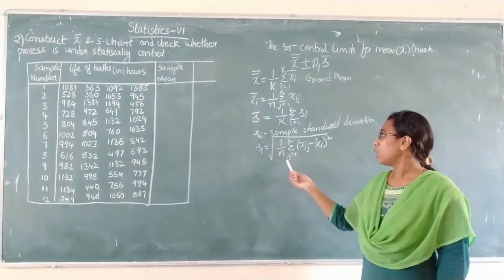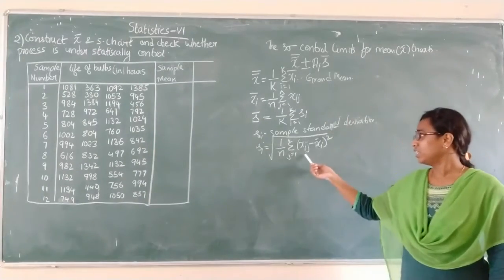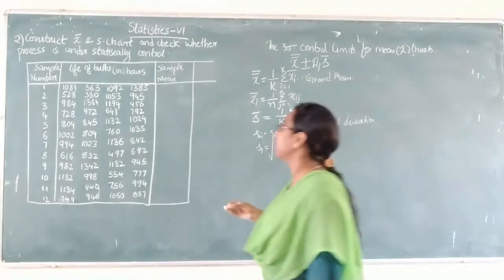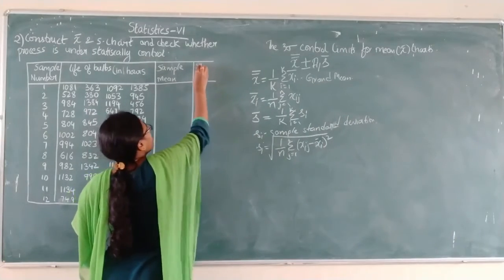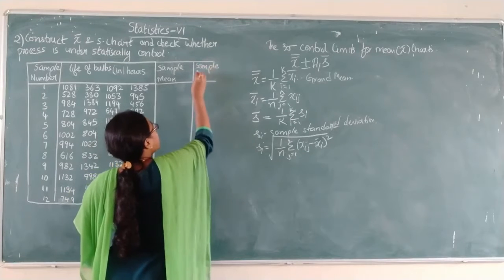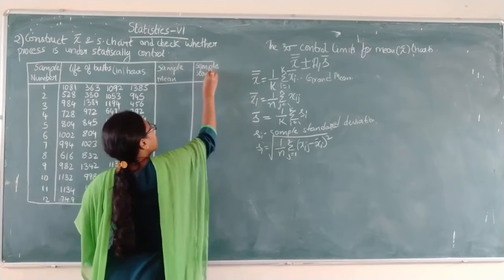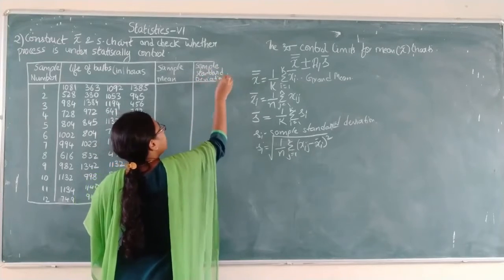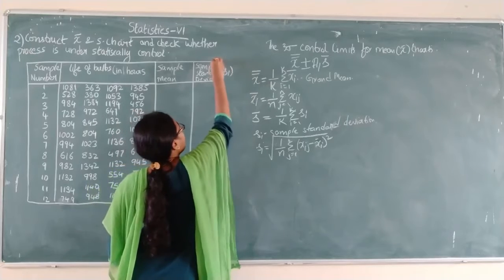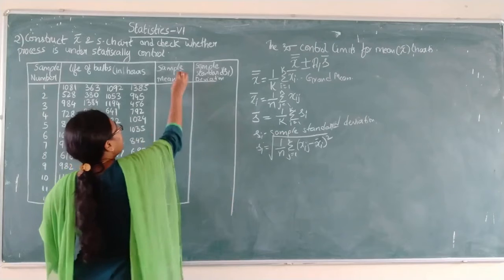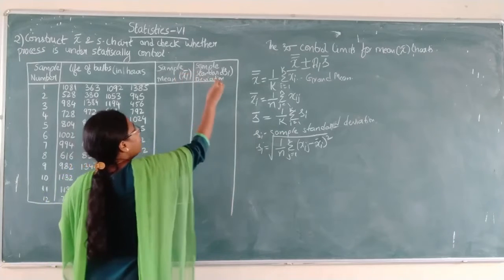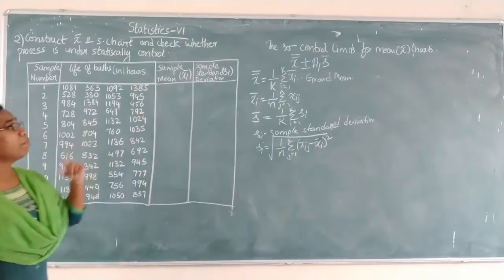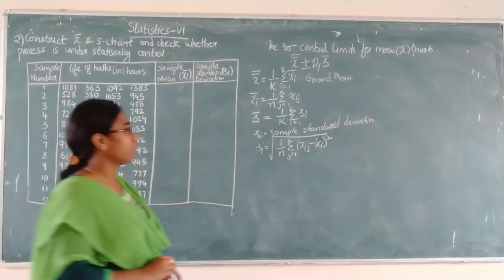For each sample you have to calculate the standard deviation, the sample standard deviation, which is denoted with Si, and the sample mean is denoted with Xi bar. So write down the notations and next find out the sample mean and sample standard deviation values.